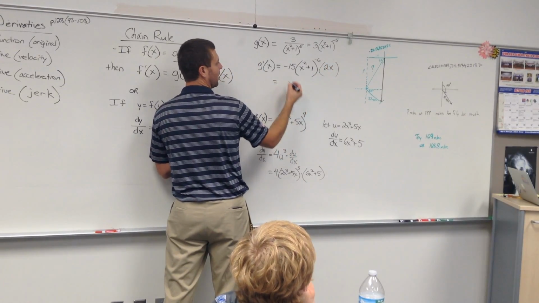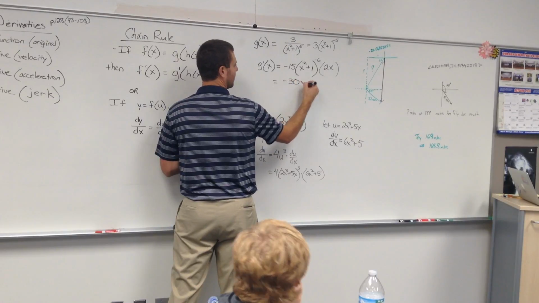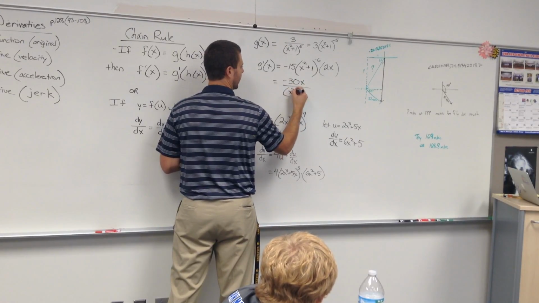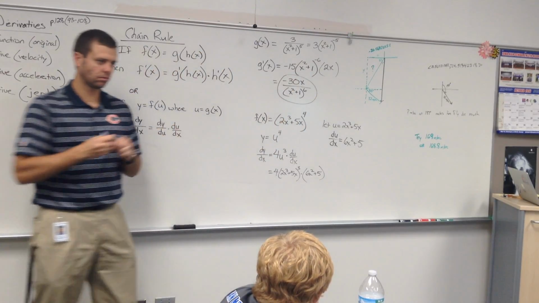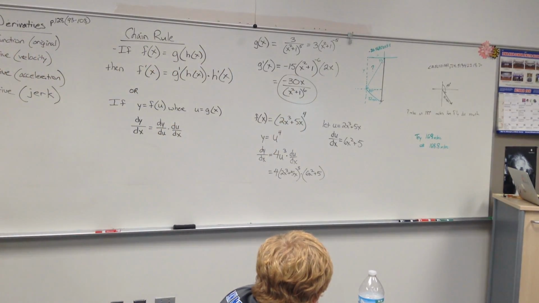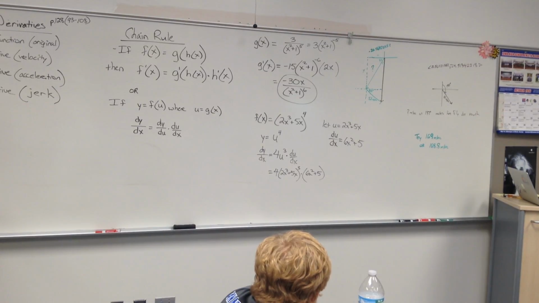So my final answer would be negative 30x over x squared plus 1 to the 6th. A lot better than using the quotient rule or the chain rule within a quotient rule. Questions on that?